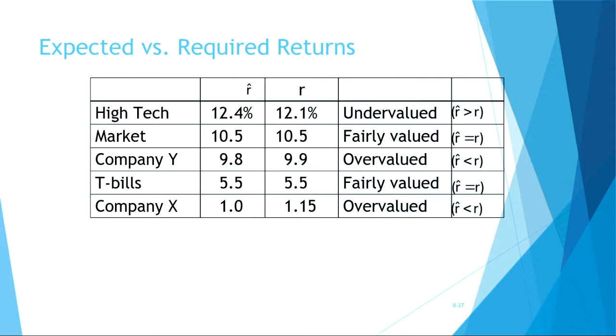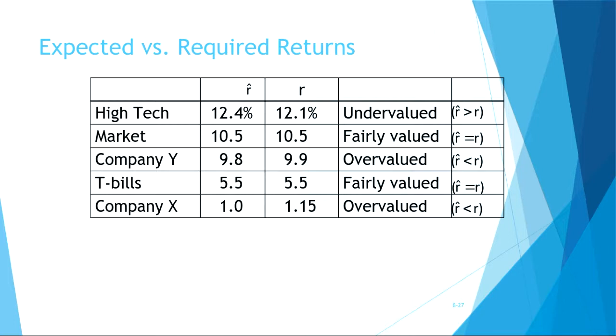The expected return is based on our probability and our expectation. We calculated it last week, right? This is the expected return, 12.4 for the high-tech company. The required return is calculated based on CAPM. The expected return is based on your expectation, so it might be different for each individual. But the required return is the same for all of us.